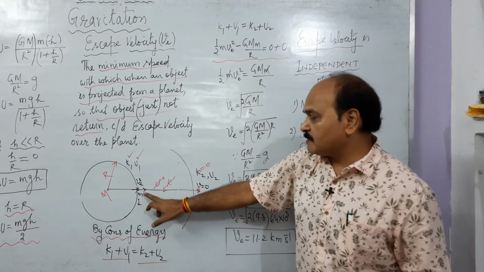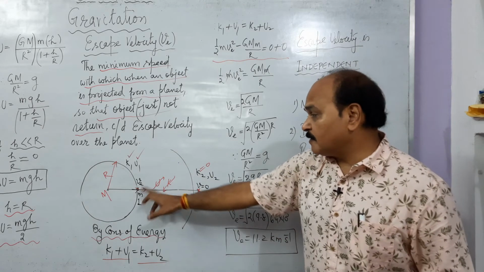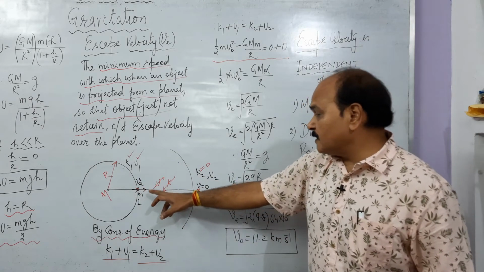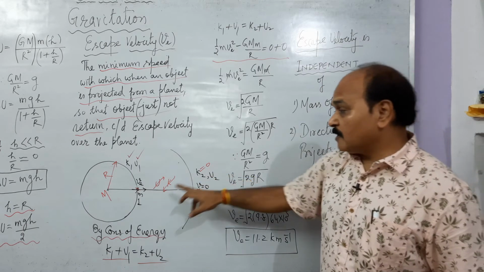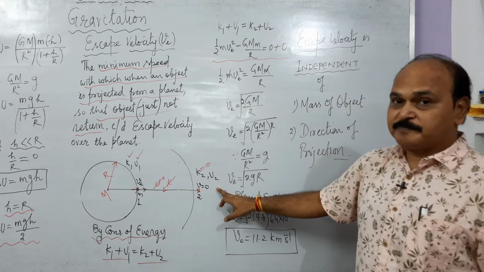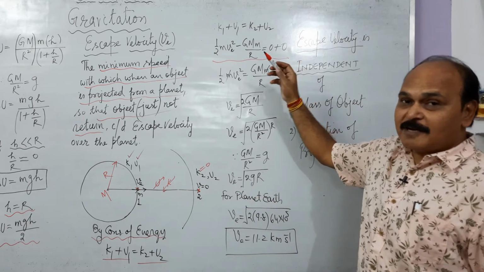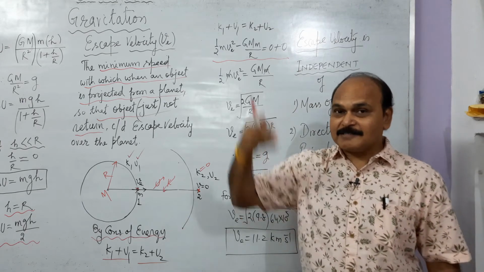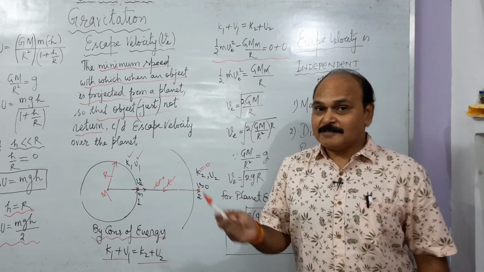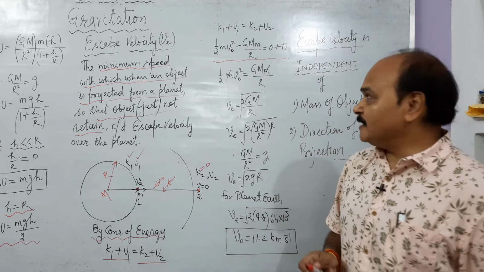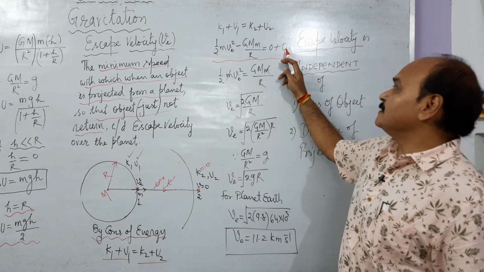As the object moves from the surface to this point, which is outside the sphere of influence of the planet, its kinetic energy decreases to 0 and potential energy increases and becomes 0. The maximum value of potential energy is 0. Otherwise, the potential energy is always negative. So 0 plus 0, that is the final energy.